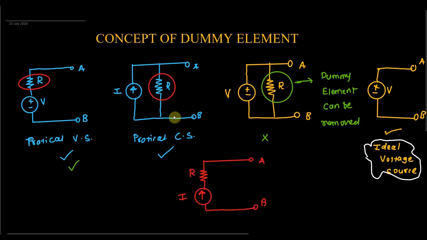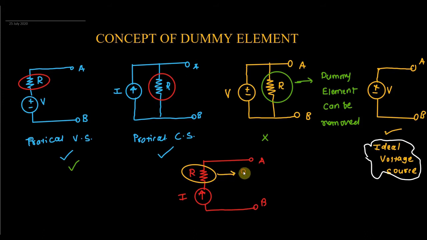So you can see that this resistance is actually a dummy element because it comes in series. Practically it should come in parallel. So I will say this is the dummy element, and I have told you that if in your circuit there is any dummy element, you can remove that dummy element.